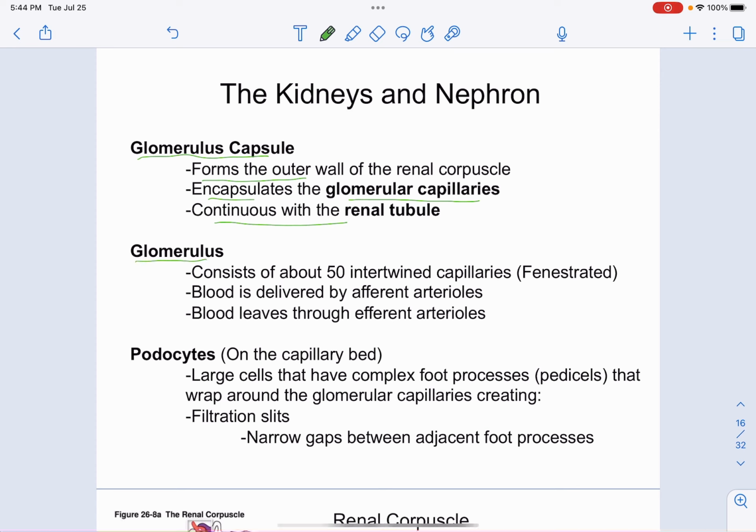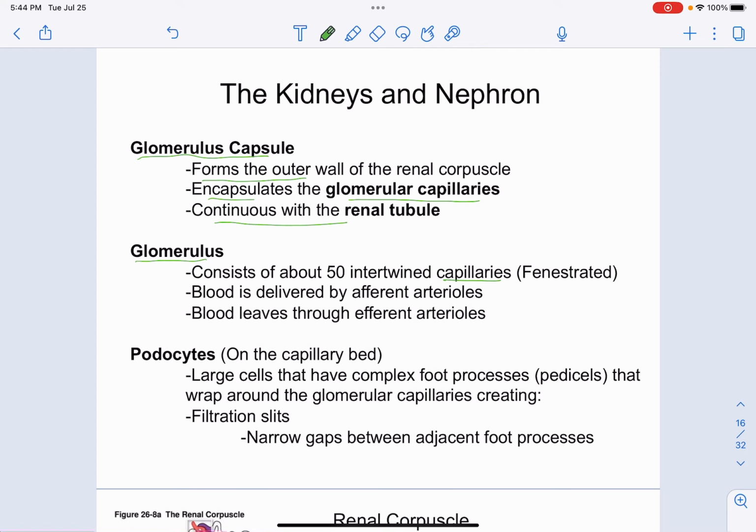The glomerulus is this capillary network, and there are about 50 of these intertwined capillaries. They are fenestrated capillaries, so they contain little holes in the capillaries.